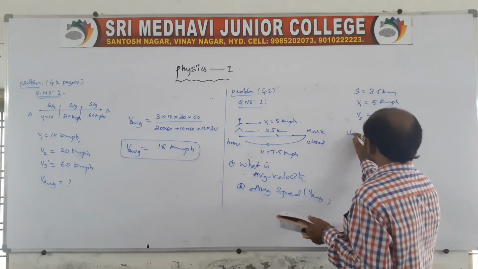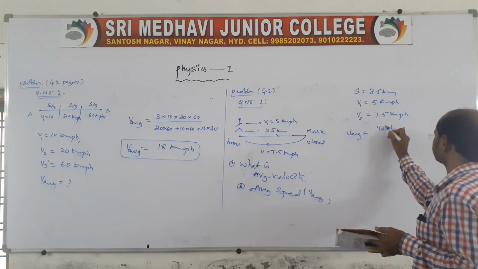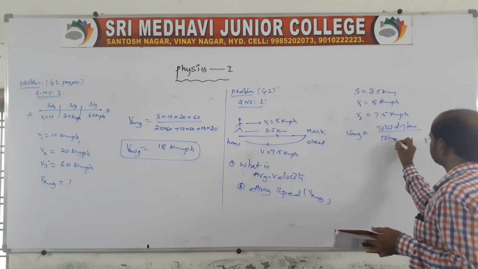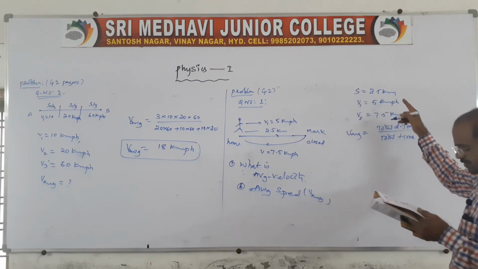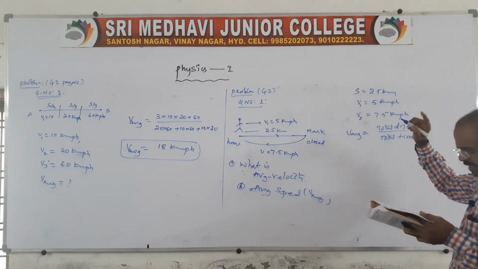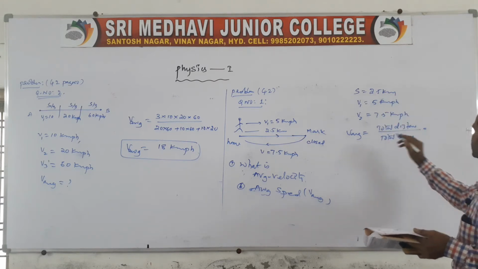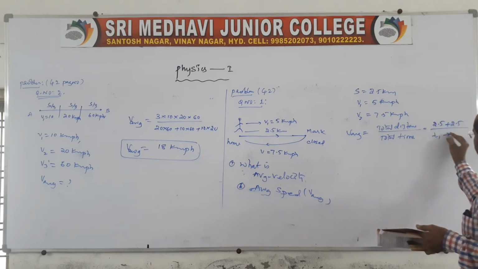So average speed is nothing but total distance by total time. Total distance is 2.5 plus another 2.5, because the distance is the same. So 2.5 plus 2.5 divided by total time t1 plus t2.